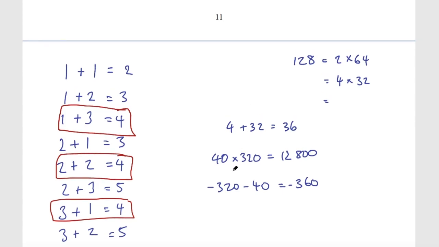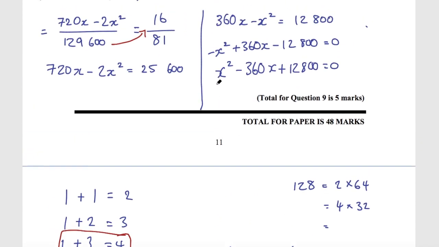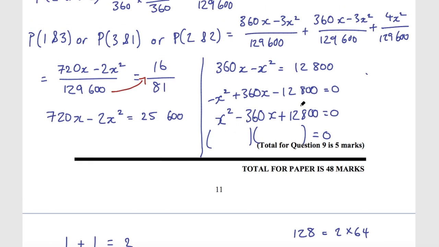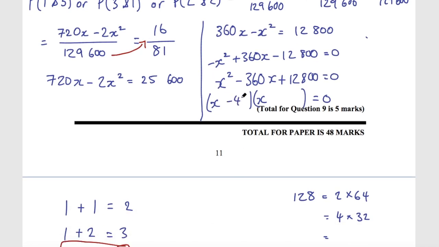Okay, so I've found my two factors, and I can go ahead and factorize this into two brackets, which is great. So I don't have to use the quadratic formula, which would be a real pain to use with these numbers. So the first terms in these brackets are x, there's no coefficient of x here, and then in the first one I can do minus 40 and then minus 320.